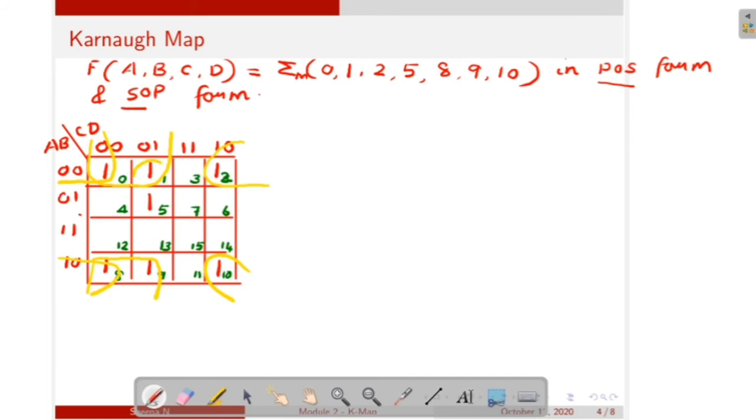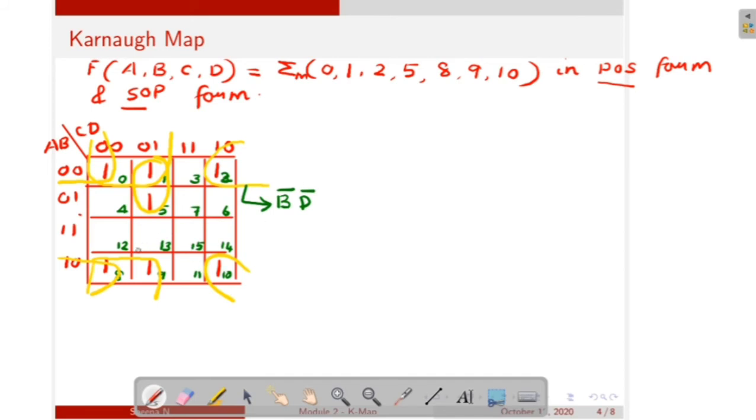Next we can group these 2 pairs. Okay, so there are 1, 2, 3 groups. So for the Boolean expression for the corner elements, here it is 0, 0, 1, 0, A cancelled, then B bar, then for these two 0, 0, 1, 0, C cancelled, D bar.